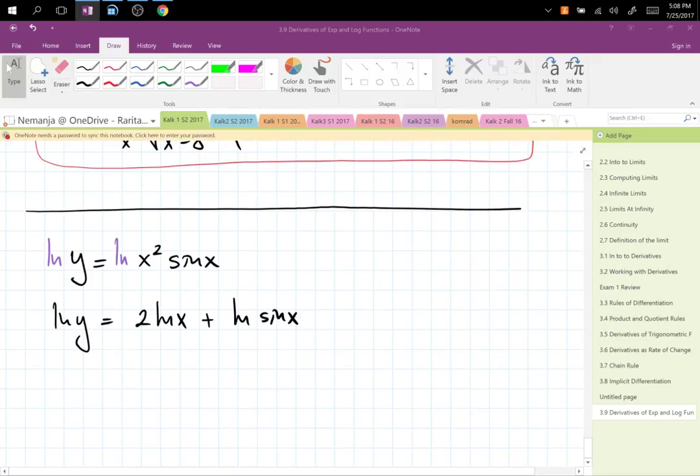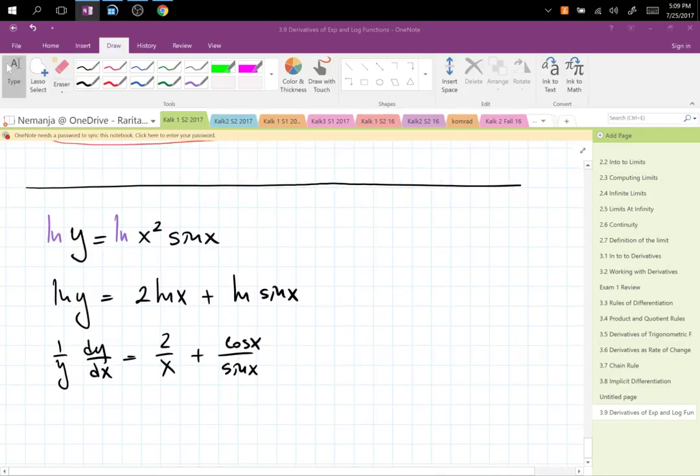And from this point, you have 1 over y dy dx when you take the derivative, and then you have 2 over x plus cosine x over sine x, and the problem is solved.